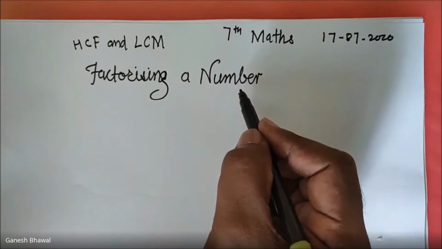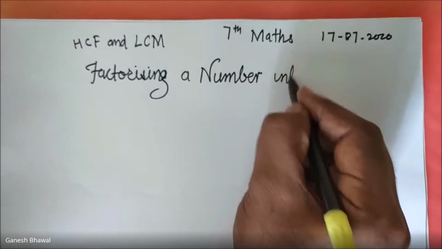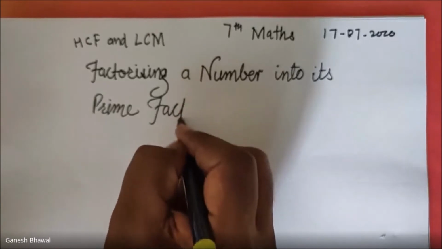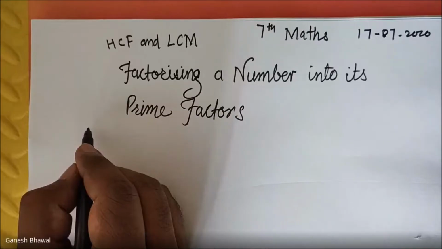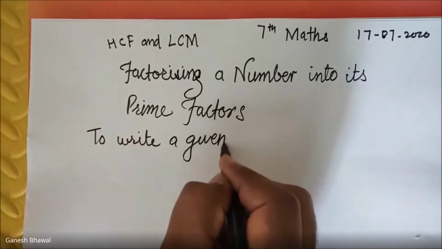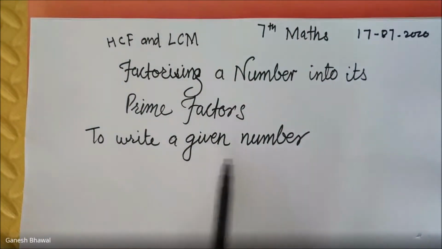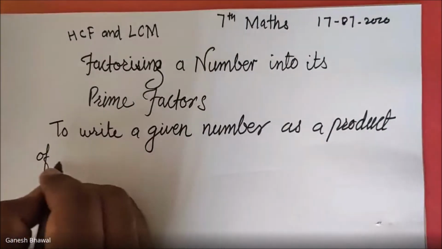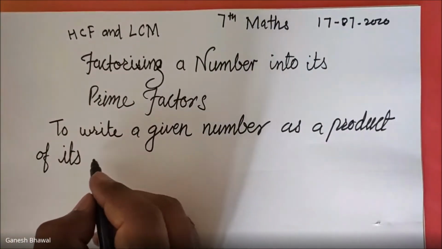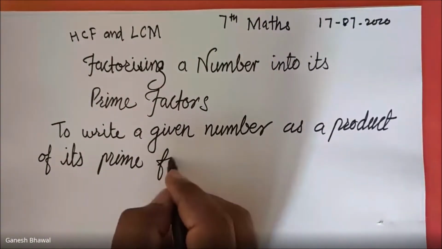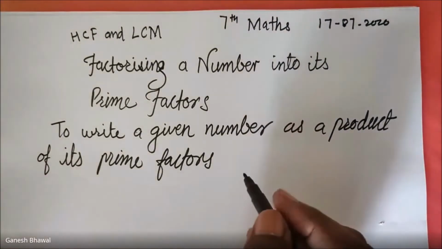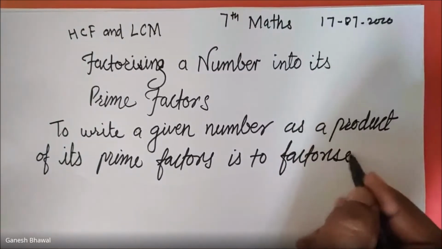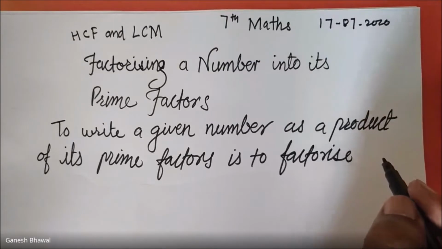To write a given number as a product of its prime factors is to factorize a number into its prime factors.